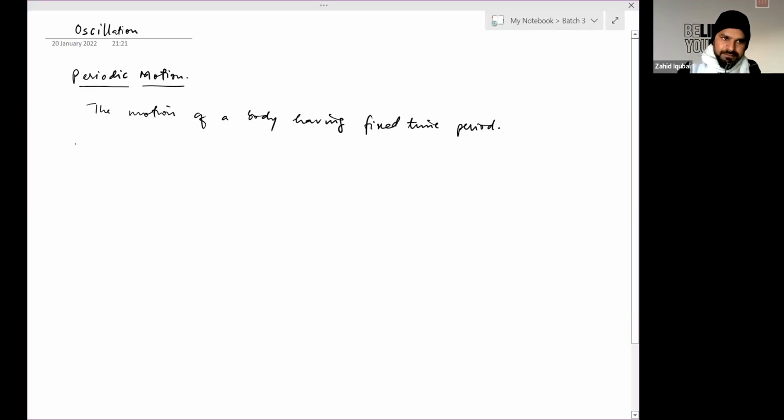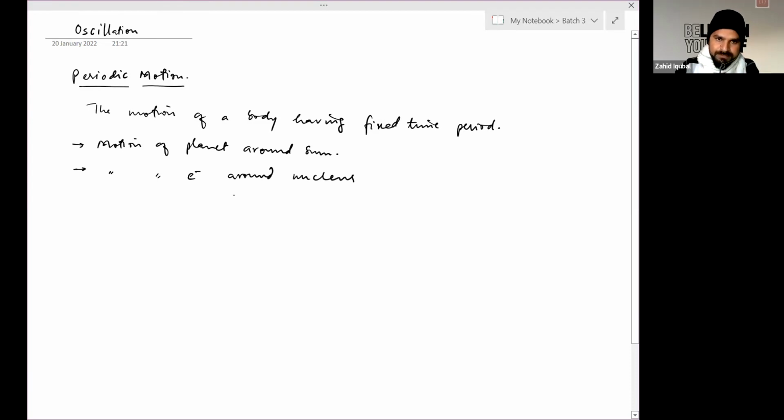Just like the motion of a planet around the sun, motion of an electron around the nucleus, motion of a bob in a simple pendulum, and so on.